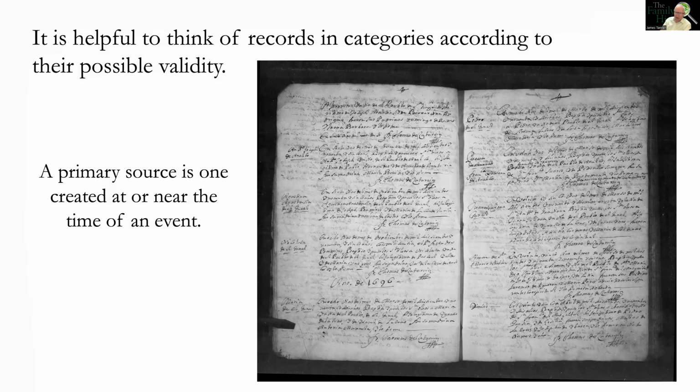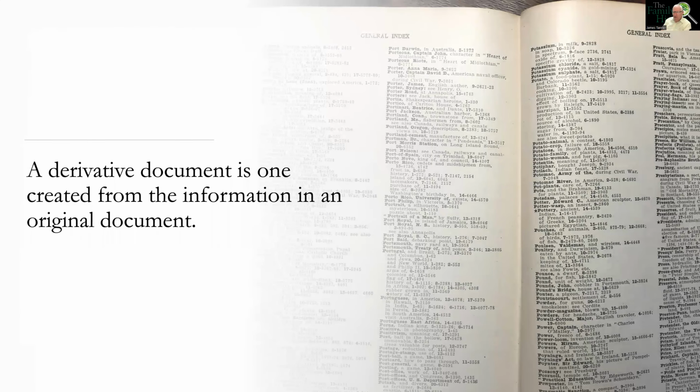than we would to a record that was created later. So we have derivative documents, and those are indexes, compilations, books about the people in a family called surname books or ancestry books or descendancy books. And all of those are secondary sources because somebody, who may or may not have had an original document, copied the information and put it into a book or into some other kind of record.